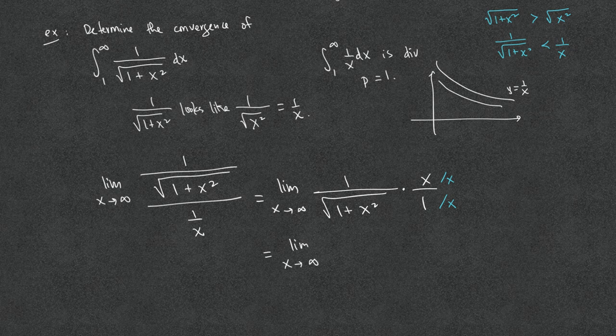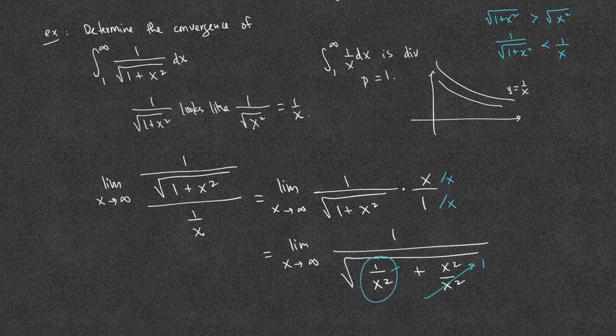In the numerator, x over x is 1, and in the denominator, inside the radical, 1 over x squared plus x squared over x squared. X squared over x squared is 1, and as x goes to infinity, 1 over x squared is 0. The denominator is now the square root of 0 plus 1, which is the square root of 1. So this limit is 1, which is a finite number.